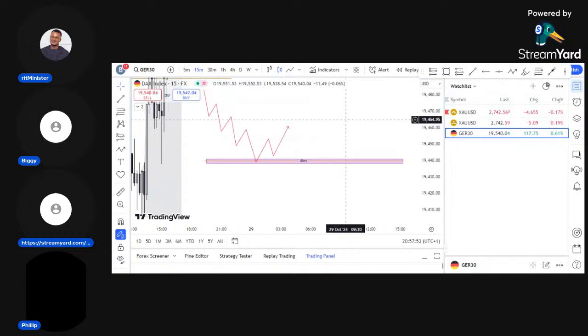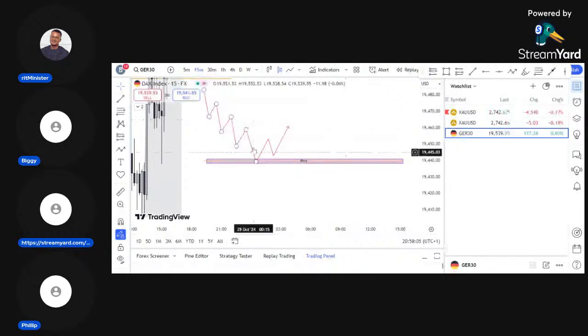So the power zone, as I've explained, this push down. So on this first leg now, if it's a 4 hour zone and then we have an SCOB on this first leg, that is what is called the first leg SCOB from the 4 hour zone.